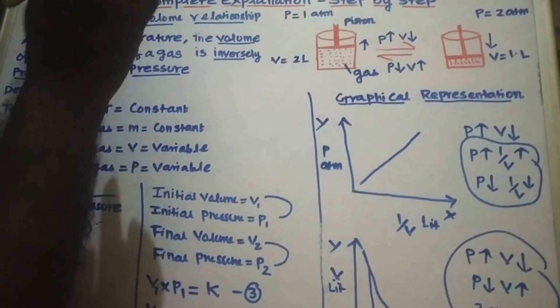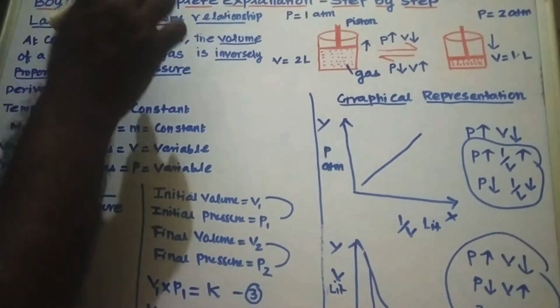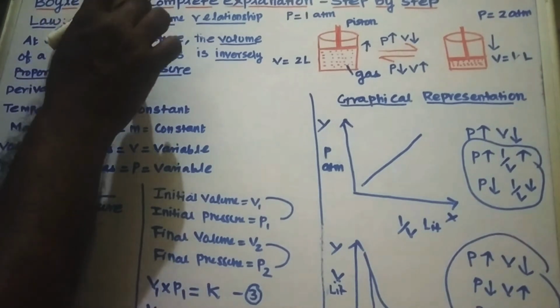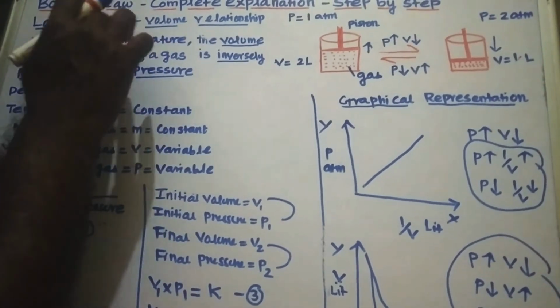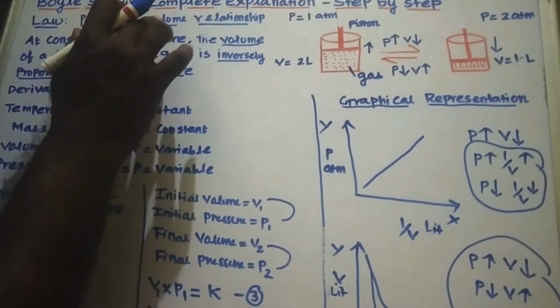This is the one-sentence form of Boyle's law, because Boyle's law explains the relationship between the pressure and the volume of a given mass of a gas.